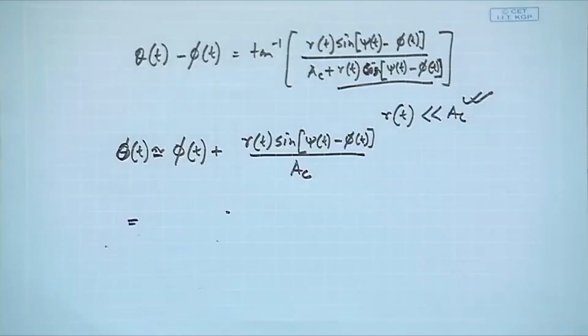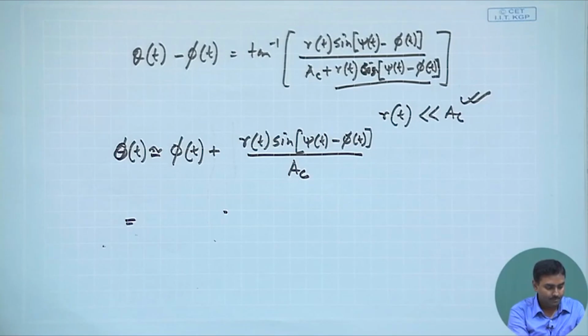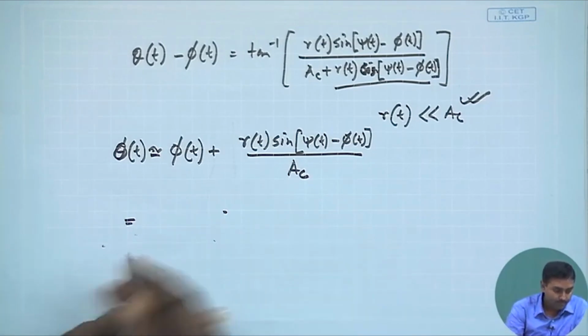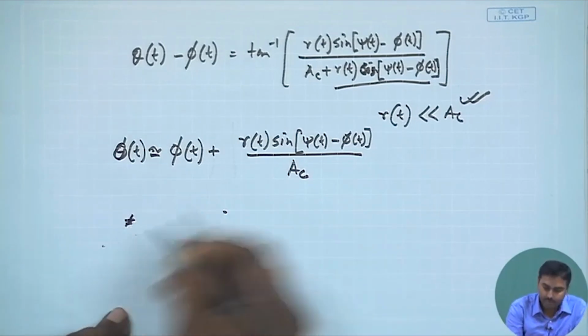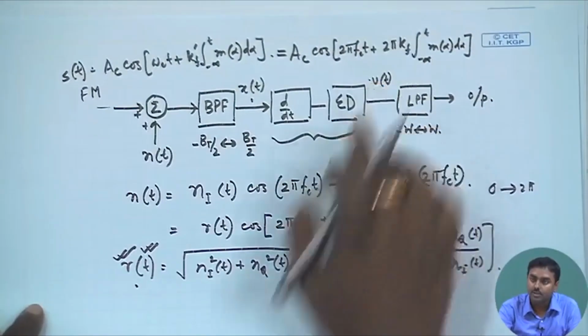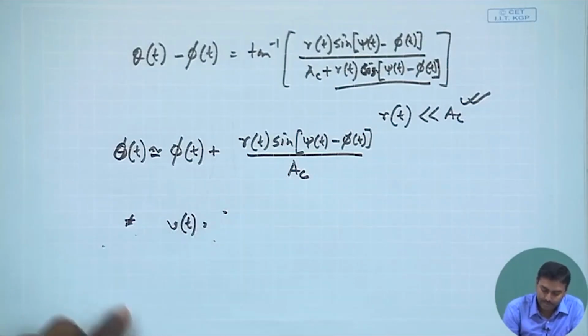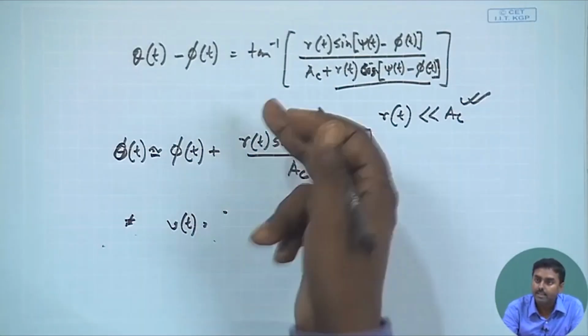So, basically my output signal, let us call it Vt, because if we take this diagram, that is the Vt. According to my understanding of the discriminator circuit, Vt should be the differentiation of this phase.